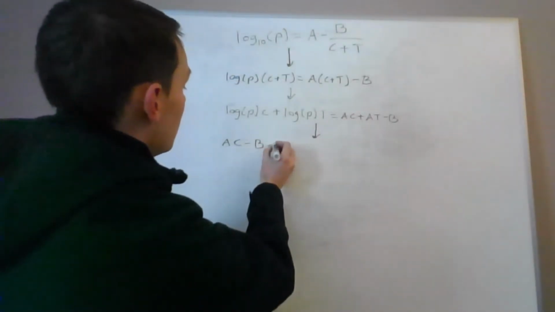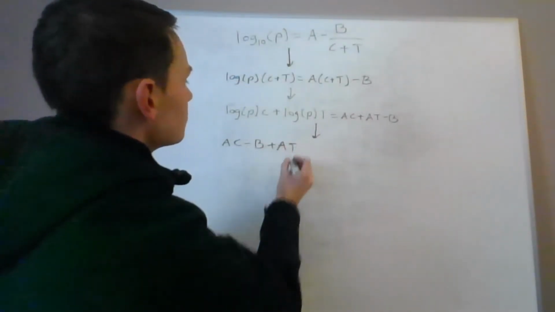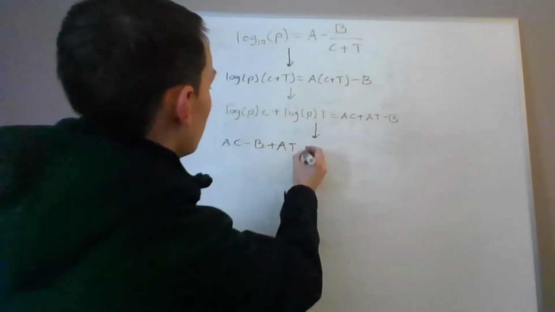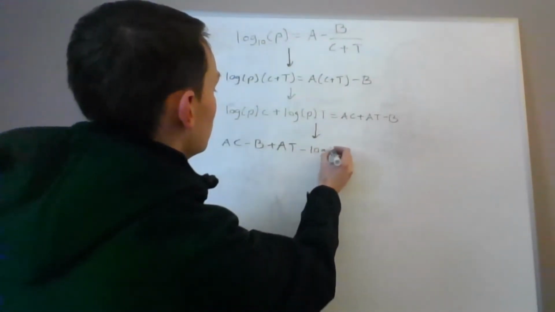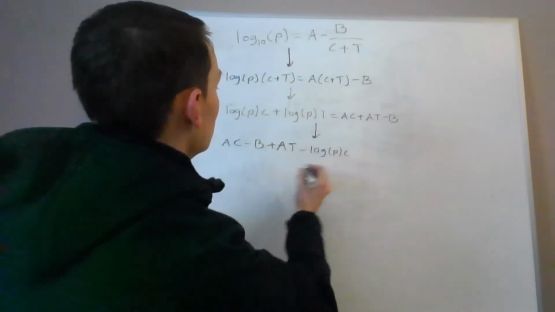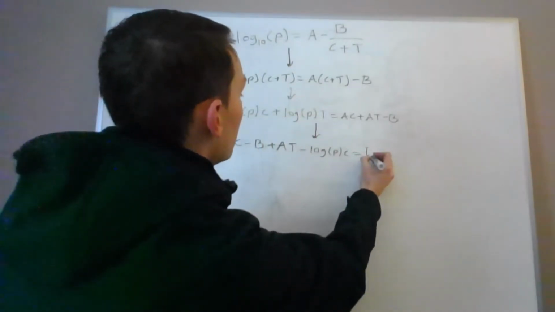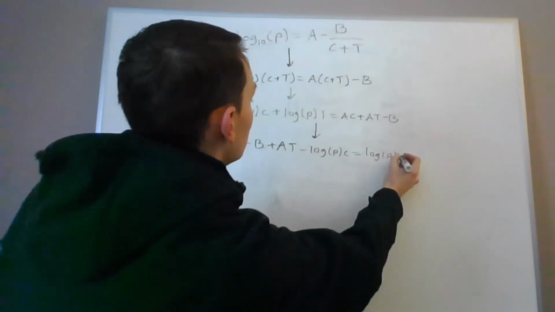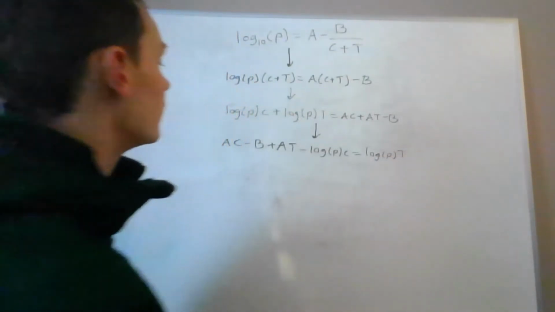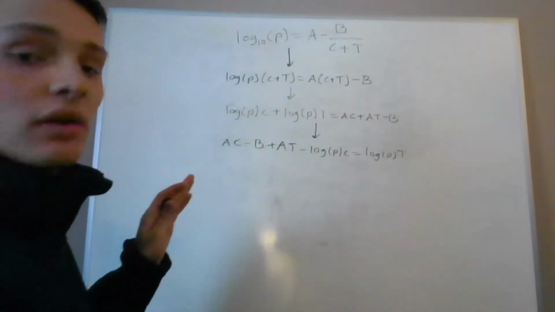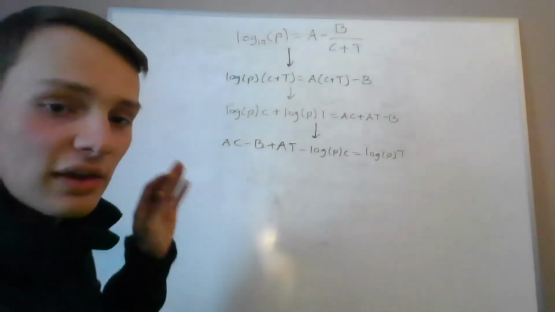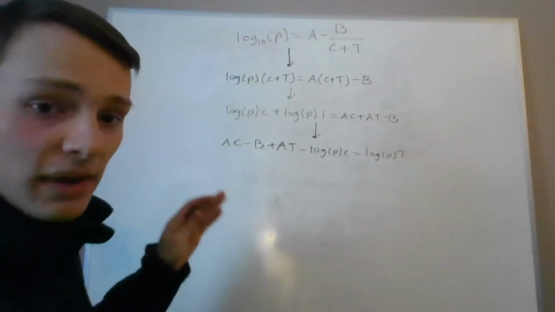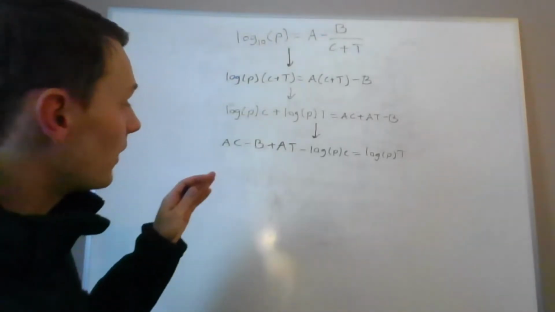And then I'll add A times T. We'll subtract log of P times C from that side, and then we'll set all of this equal to the product of log P times T. Excellent.